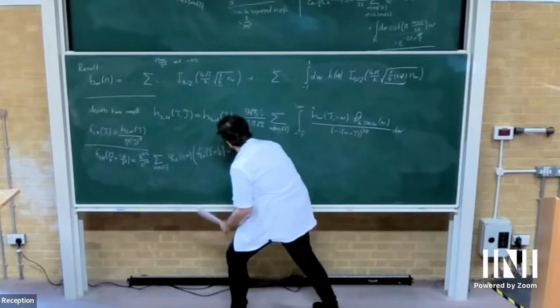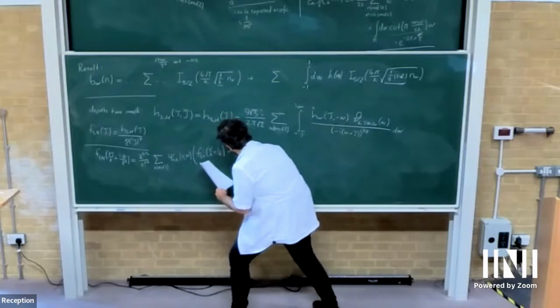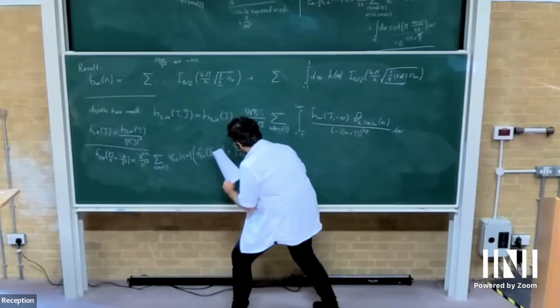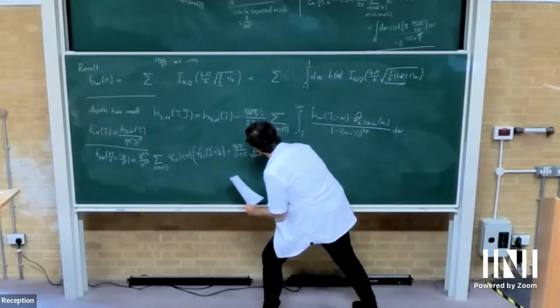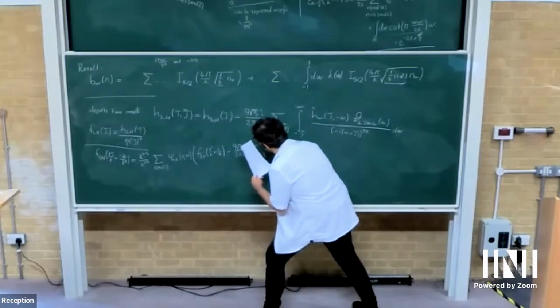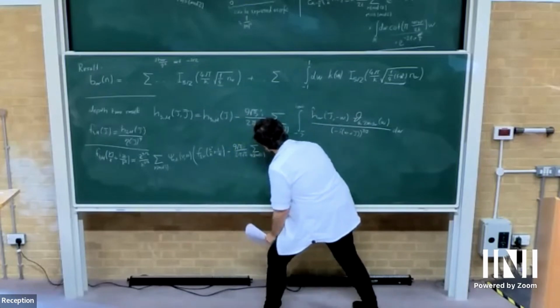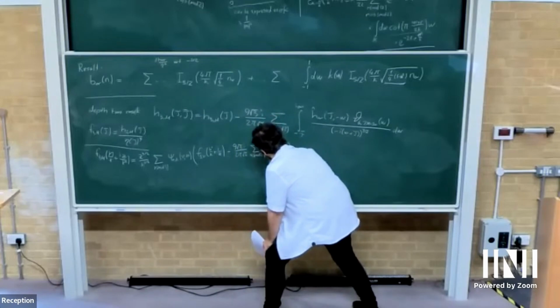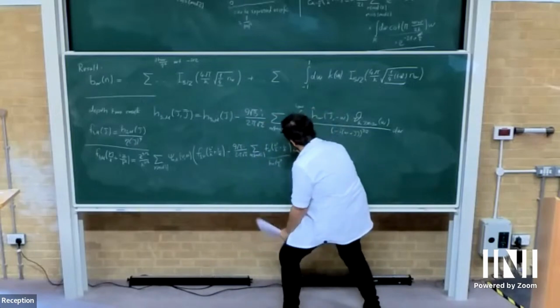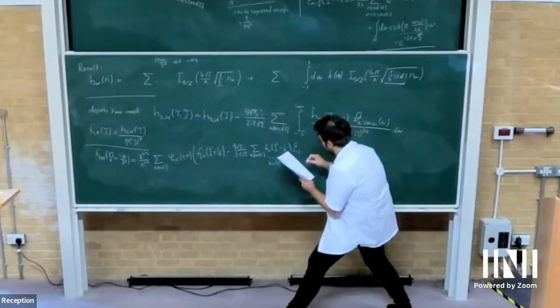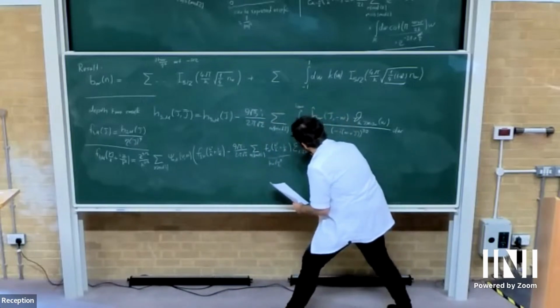Then two terms now. One term comes from the holomorphic part of alpha, with the mock modularity, just like we've seen earlier.